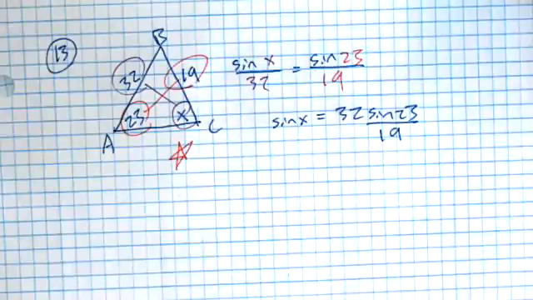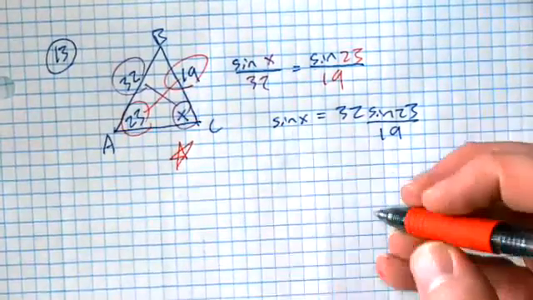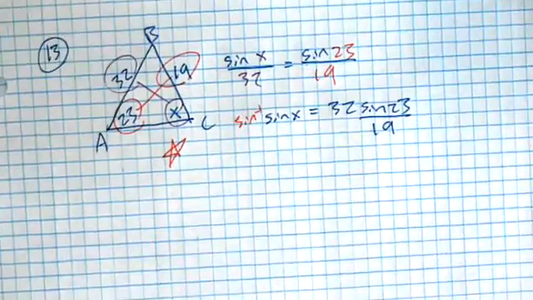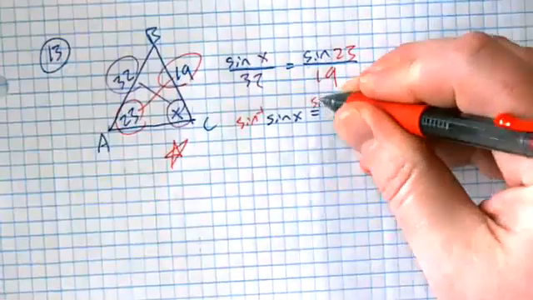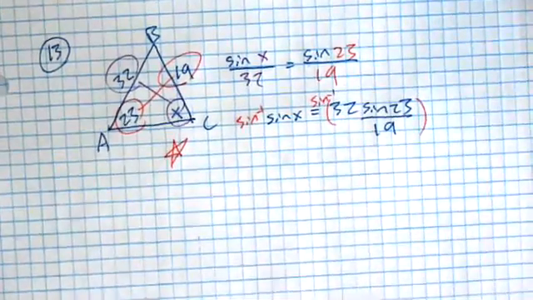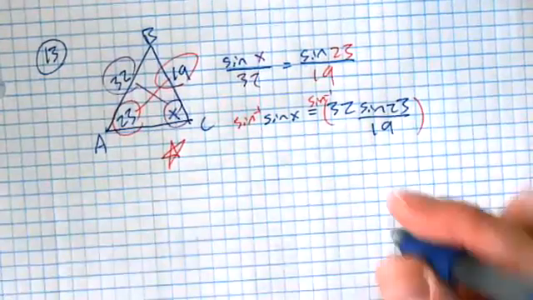Here's the second place that alarm bells are going off in my head. How do I get this sine off of here? Oh, I need to do an inverse sine, and that's a second reminder. Inverse sine, that's that thing where the calculator might give me one answer, but there might be another one. So I'm going to do an inverse sine on both sides of this, which is going to cancel and get x by itself.